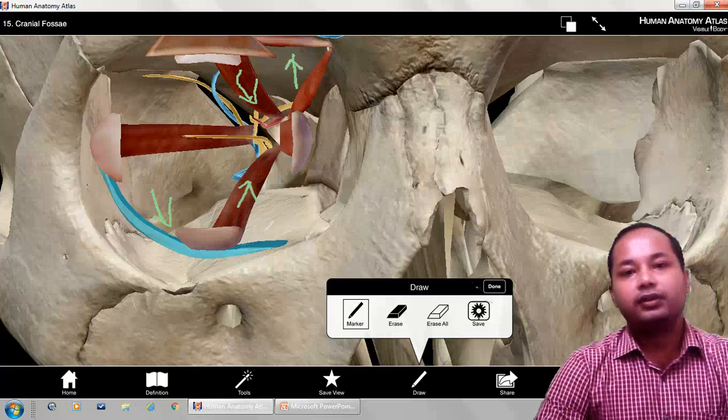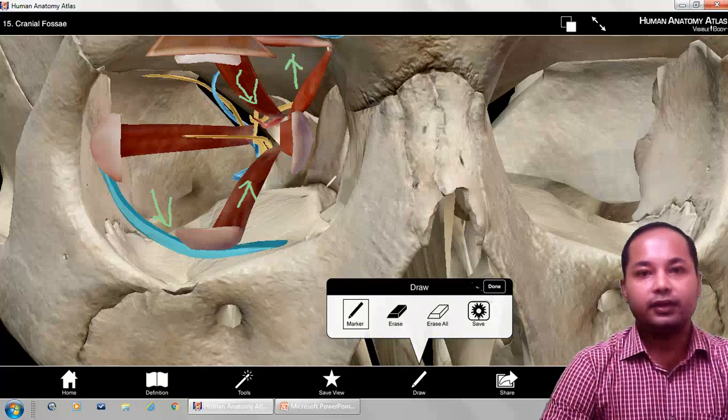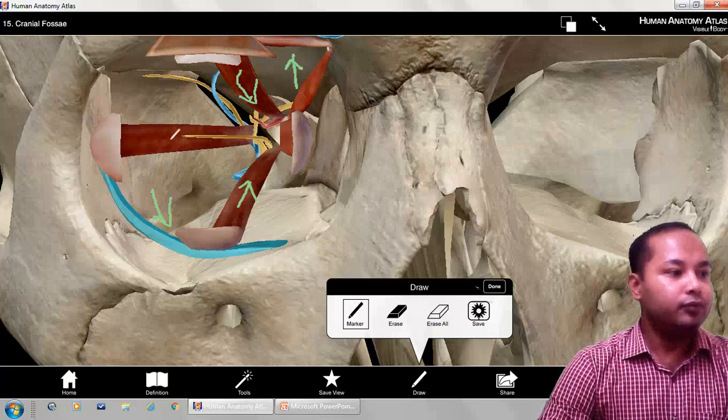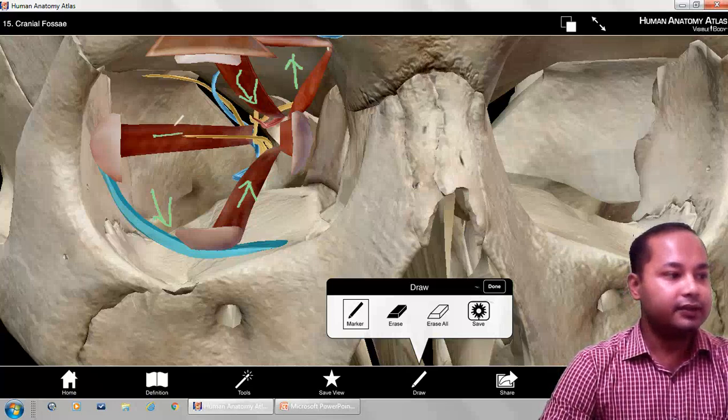So all these muscles are arranged in different directions, so as to make the movements of the eyeball. Now two more muscles are left, the extraocular muscles which move the eyeball. This is the lateral rectus, which will pull in this direction, and this is the medial rectus, which in this view is not so visible, which will make the movement in this direction.